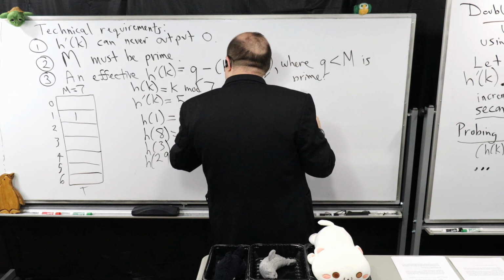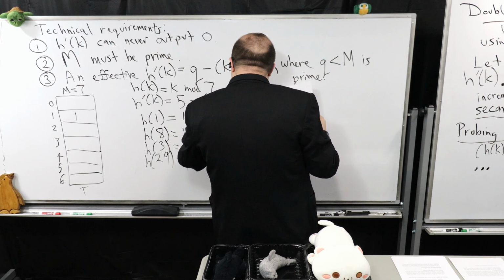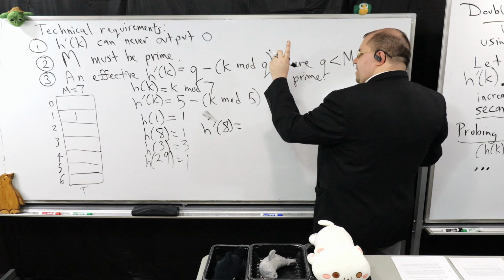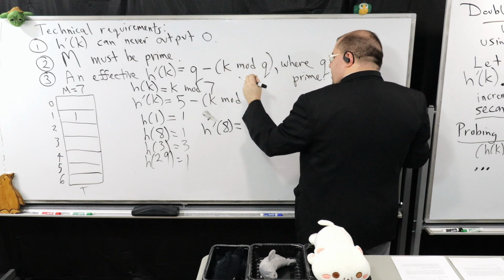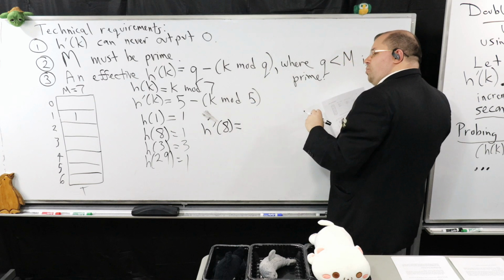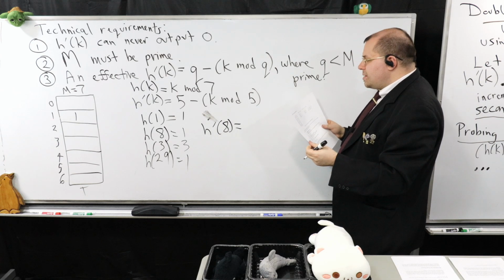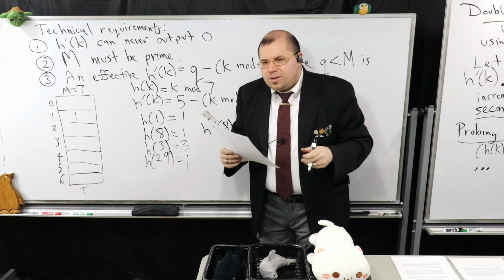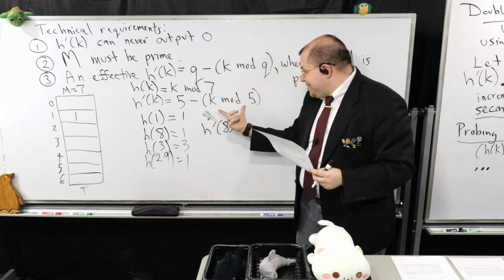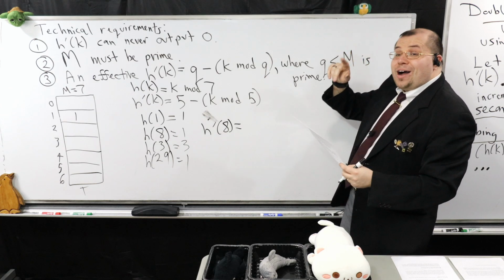Let me write it down one lower. H prime of 8, well, look at this. It is 5 minus 8 mod 5. What is 8 mod 5?